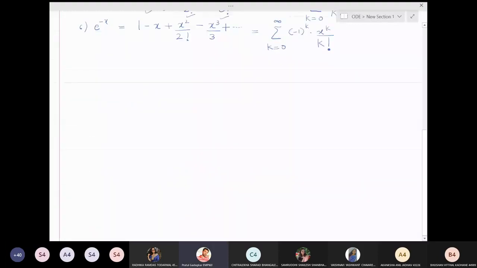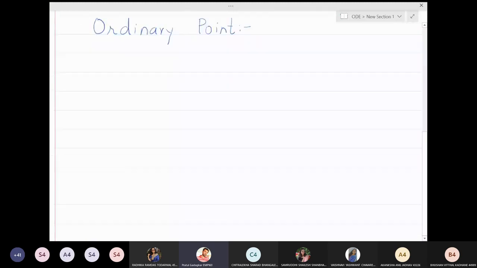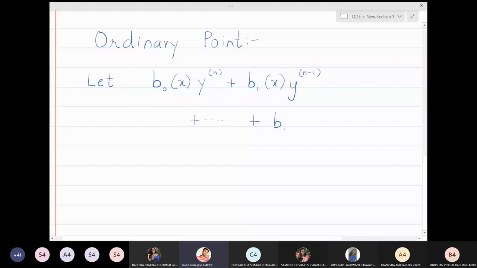Now let us see what is meant by ordinary point. So let us define what is meant by ordinary point. I will take a general differential equation. Let b naught x y raised to n, this is the nth derivative, plus b1 x y n minus 1th derivative, plus so on, plus bn minus 1 y dash plus bn y equal to rx be a differential equation.